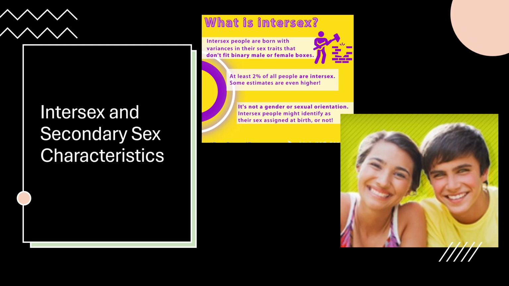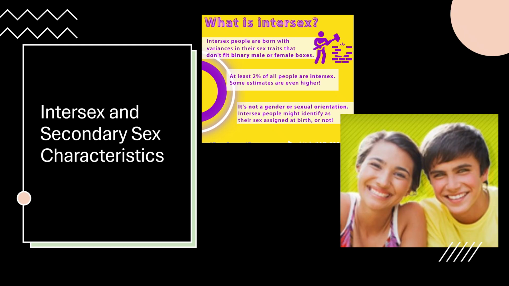But for some, they do not have exclusive male or female organs. This is known as intersex. This makes up about 1.2% of the world's population. There's also what's called secondary characteristics.